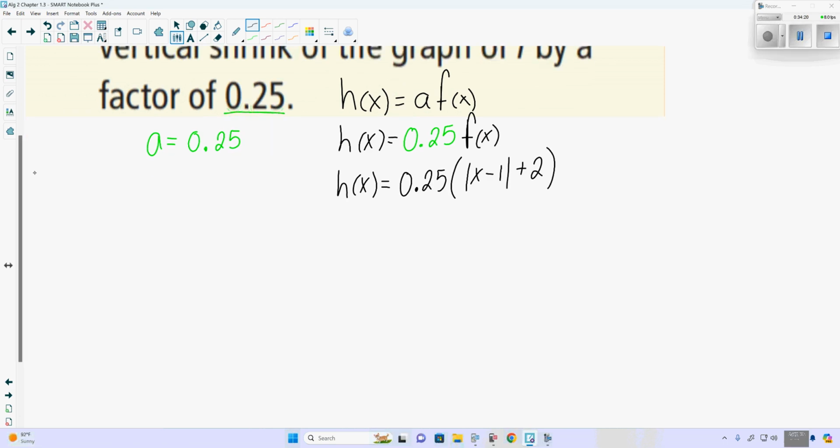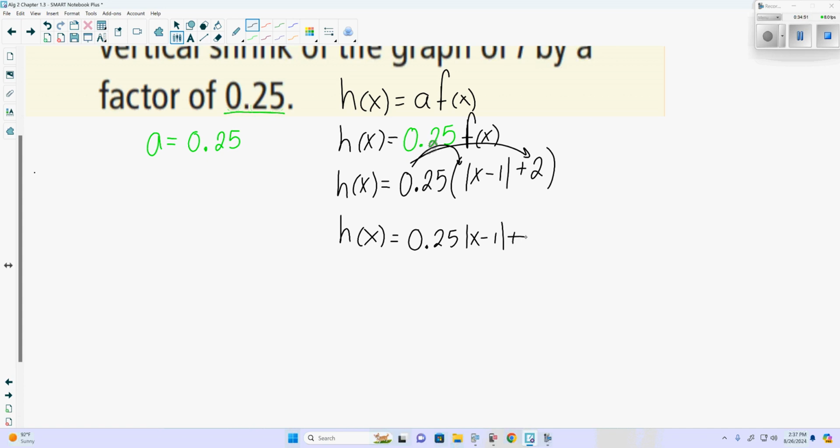And last thing we need to do is what? Distribute the 0.25. Now we multiply the 0.25 by our absolute value of x minus 1. We just get 0.25 times the absolute value of x minus 1. But we also need to multiply this 0.25 by 2.